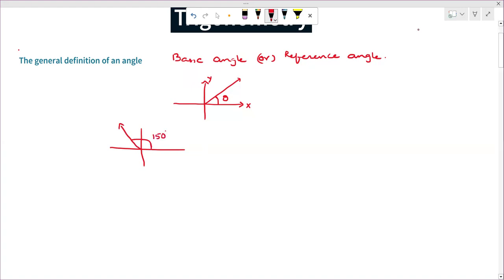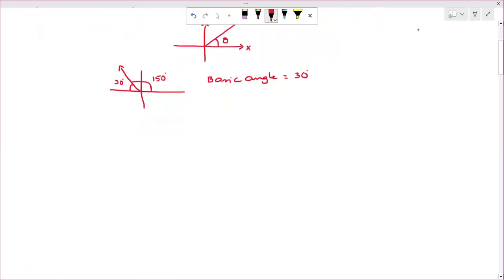Basic angle means this with the x-axis, I told you just now. This total will be 180 degrees. So the basic angle will be 180 minus 150, which is nothing but 30 degrees. Okay, so this is how we have to find out the basic angle.